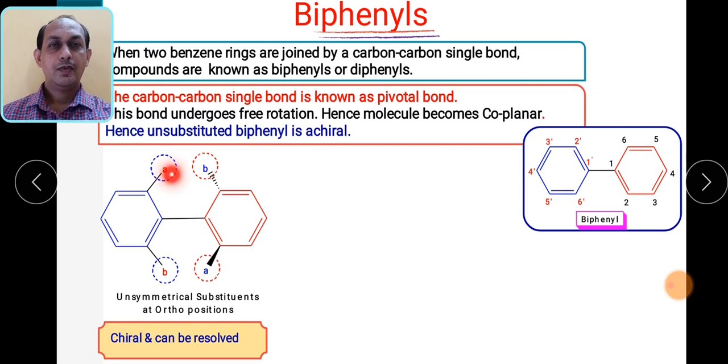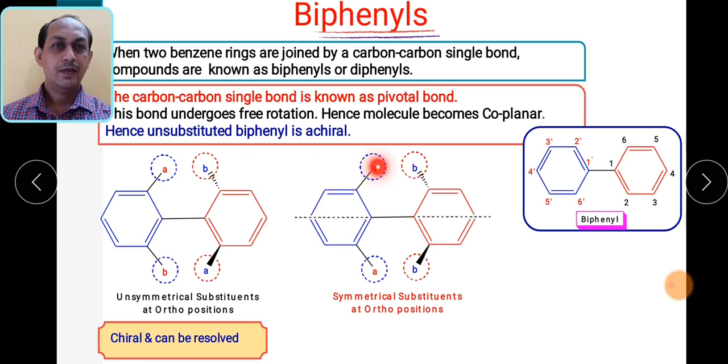The ortho substituents present, they must be different. Already there are substituents present. Here is H, here is H, here is H, here is H. So in the planar systems, you will find that the same substituent is present. So for same substituent, you will not show any chirality.